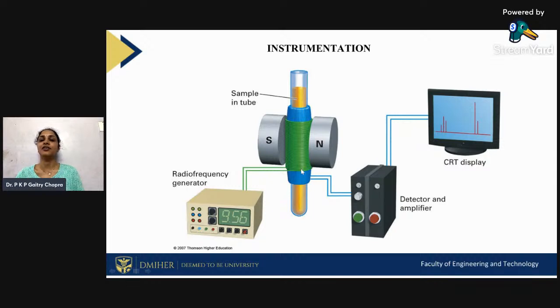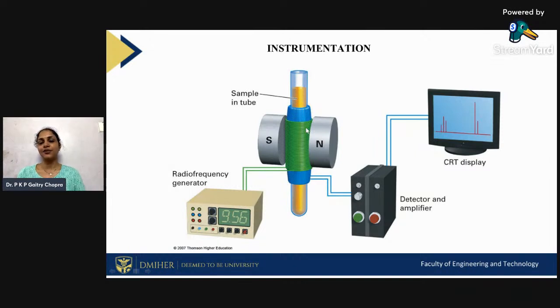This coiling, the green color shows the coiling of wires, which is close to the sample holder. As we have already seen, NMR is nothing but the interaction of the magnetic field of the radiations that we are giving with the magnetic component of the nuclei in the presence of an external magnetic field.